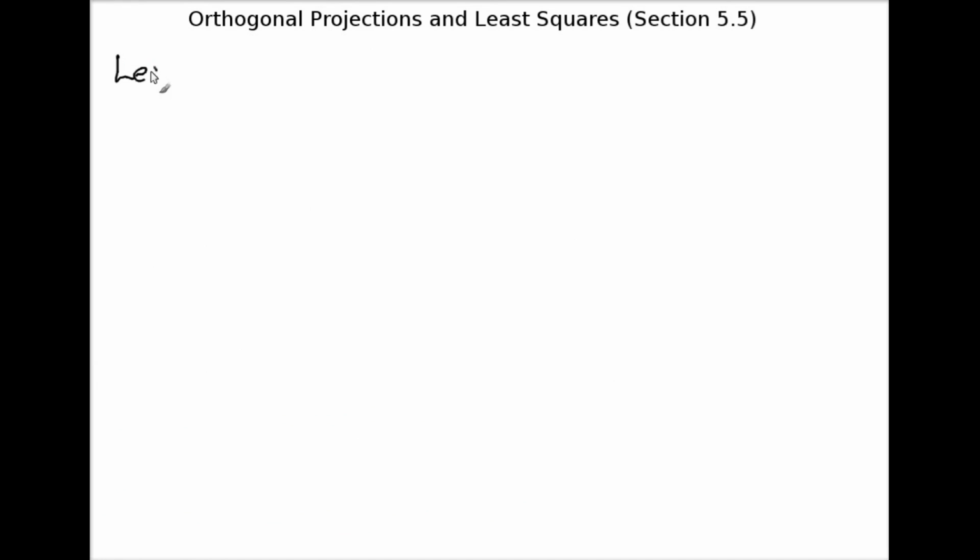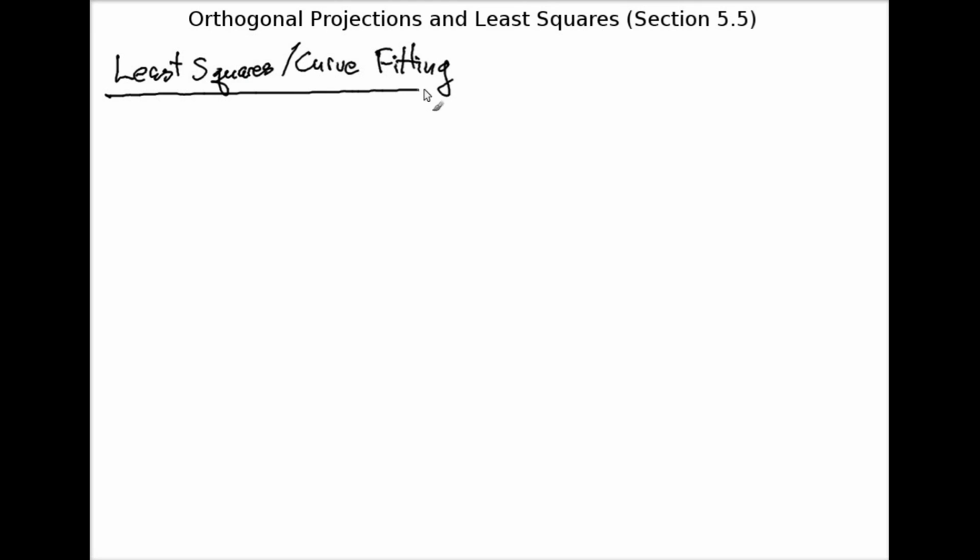Okay, so let's go on to look at least squares and curve fitting. We talked about this back in a couple of sections ago as an application of the problem of finding the closest point to a plane. And now we're going to revisit that using orthogonal projections.